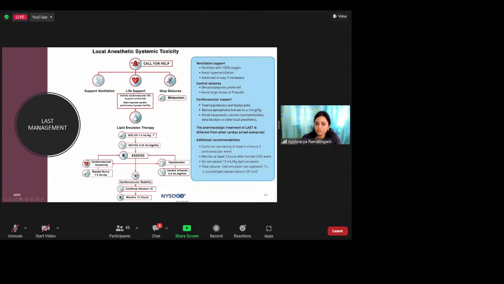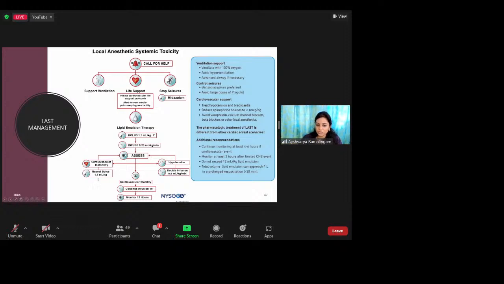We have to initiate the cardiovascular life support protocols by starting the lipid therapy if the patient is not stable with all these supports. So the intralipid bolus is started at 1.5 ml per kg, and the subsequent infusion dosage is 0.25 ml per kg per minute. Again, the scenario has to be assessed, whether the patient is still cardiovascularly unstable.